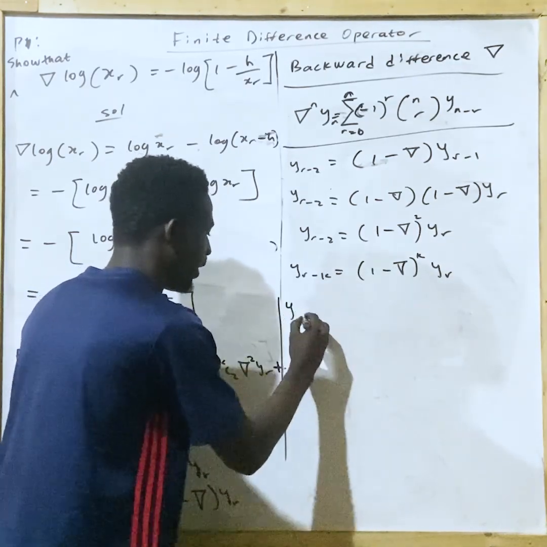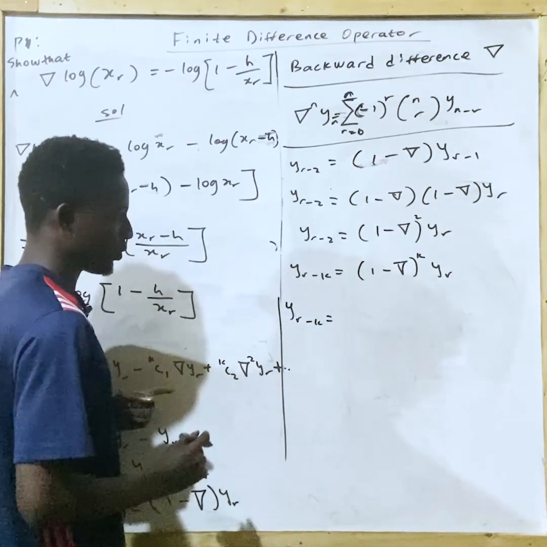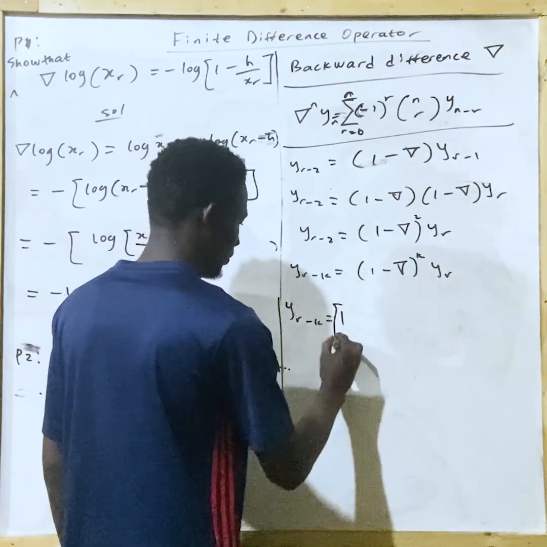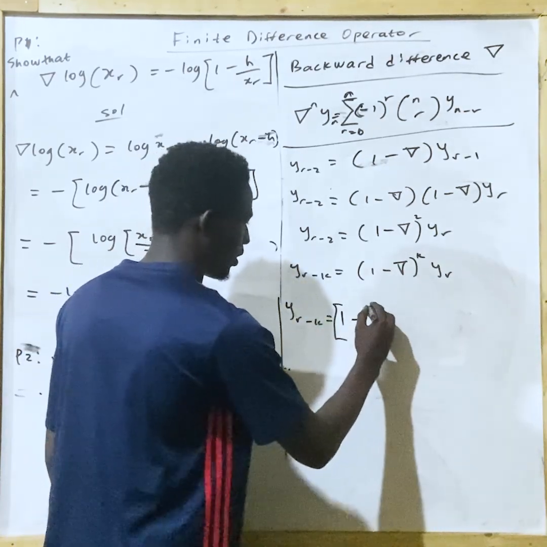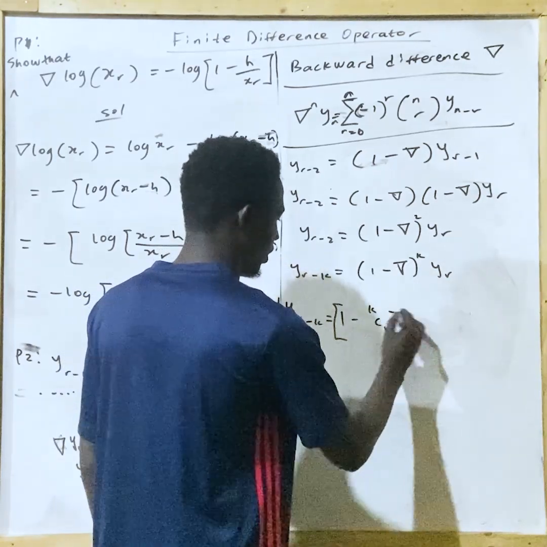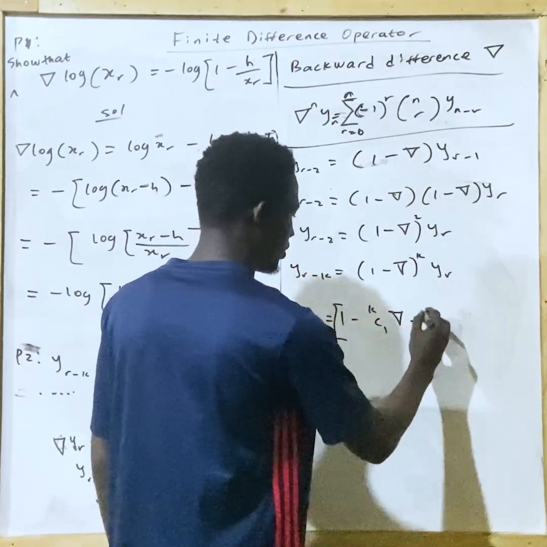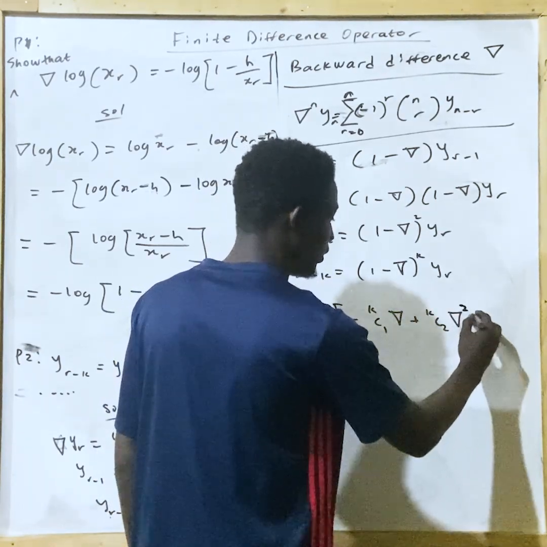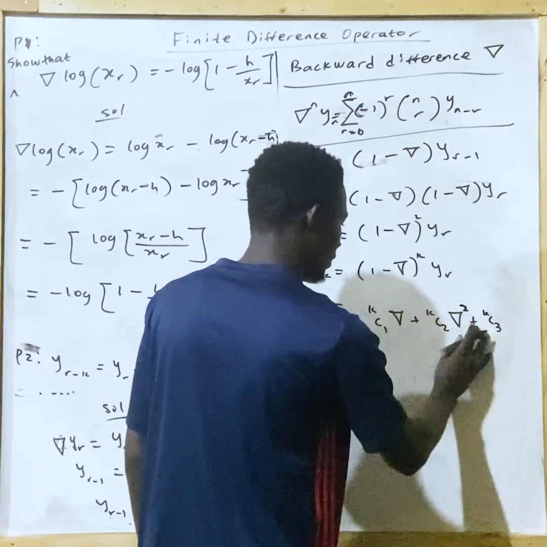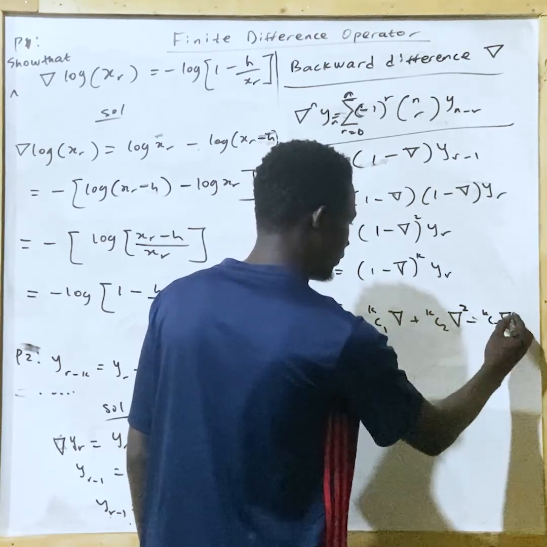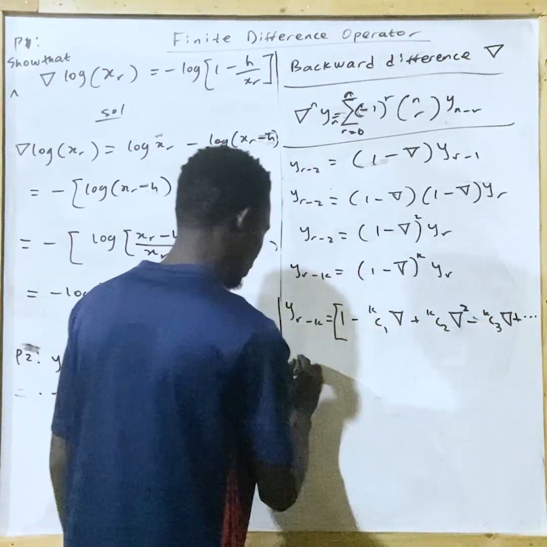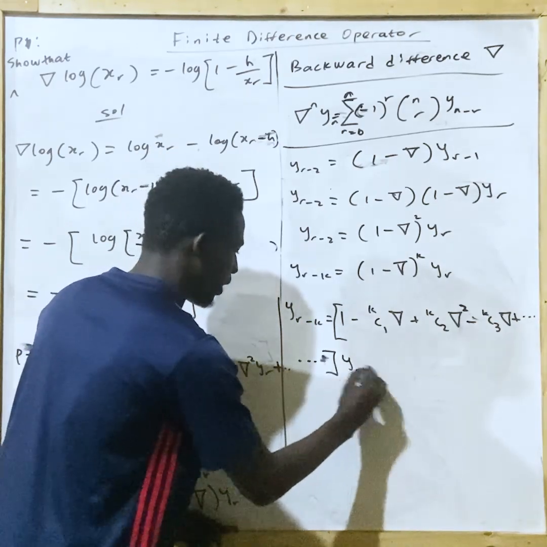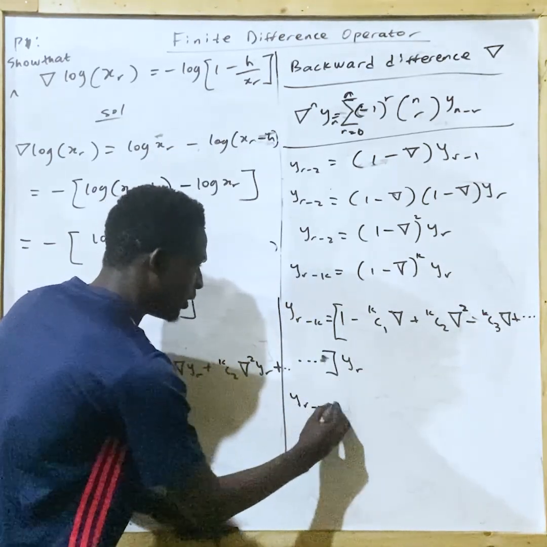Using the binomial formula, y_(r minus k) equals 1 minus k combination 1 backward difference plus k combination 2 backward difference squared minus k combination 3 backward difference cubed, and so on, all in bracket y_r.